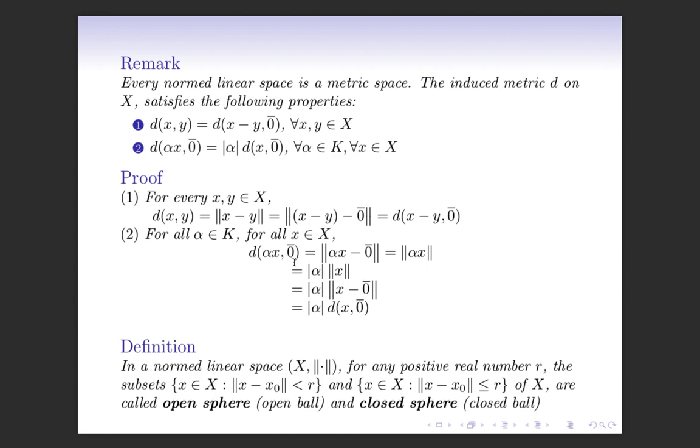D of alpha X comma 0 vector is equal to norm of alpha X minus 0 vector, and this is equal to norm of alpha X, and by property of norm we can write it as mod of alpha into norm of X, and this can be written as mod of alpha into norm of X minus 0 vector, and then by definition of D we can write mod of alpha into D of X comma 0 vector.